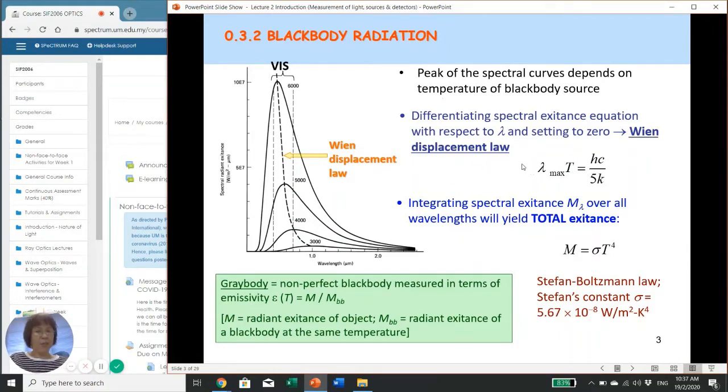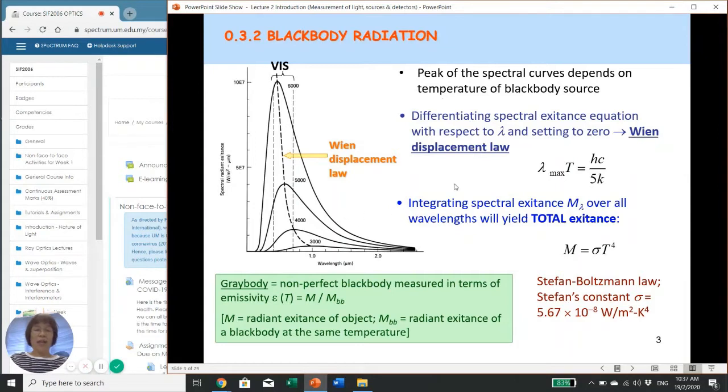And to simplify it, the relation will be given by lambda maximum, that is the wavelength at which maximum radiant excitance occurs, multiplied by the temperature of the blackbody radiator, and that's equal to a constant, hc divided by 5k.